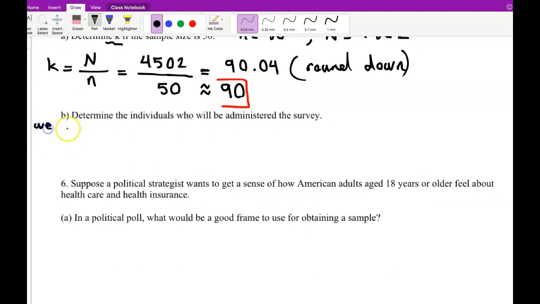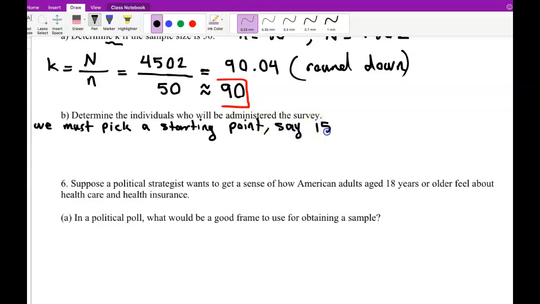So we must pick a starting point, and that should be between 1 and K. So between 1 and 90, I'm choosing 15.